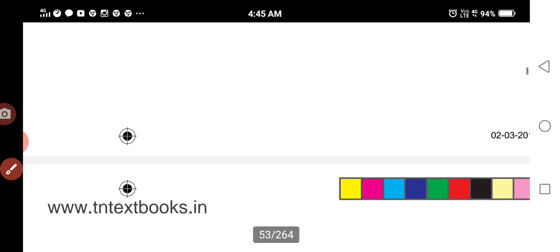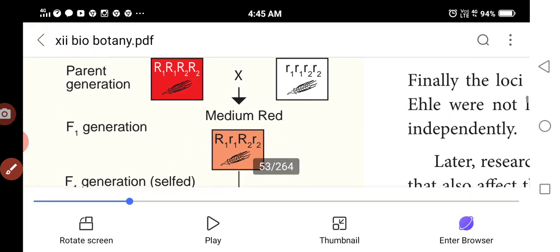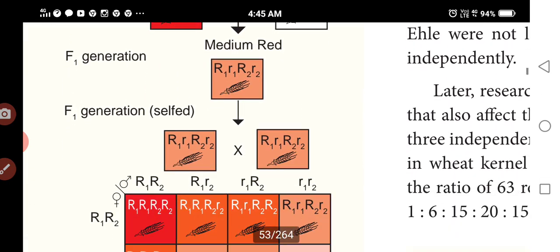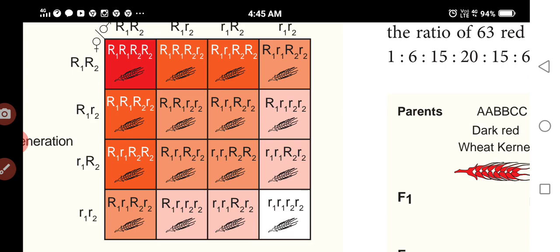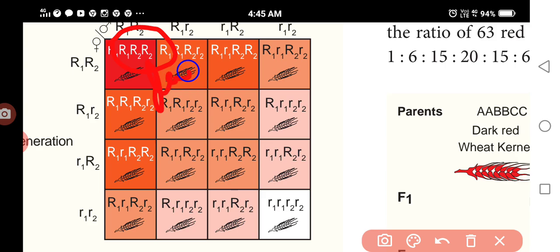You see that in the checkerboard. Four capital R denotes the dark red color. A dark red kernel will be obtained.